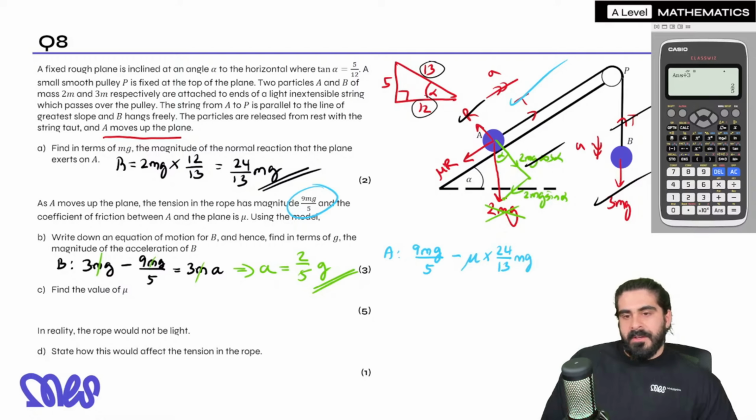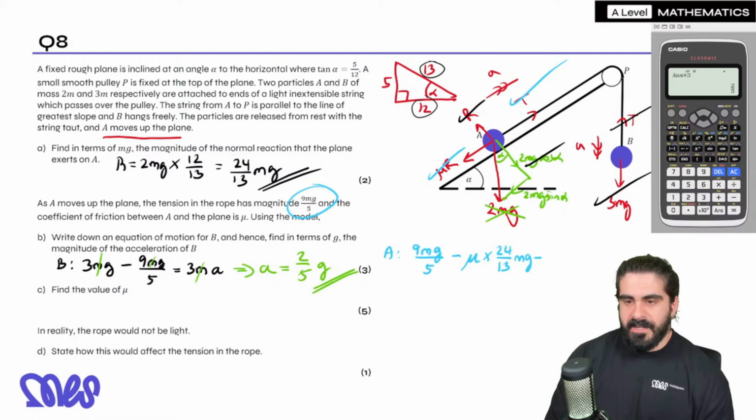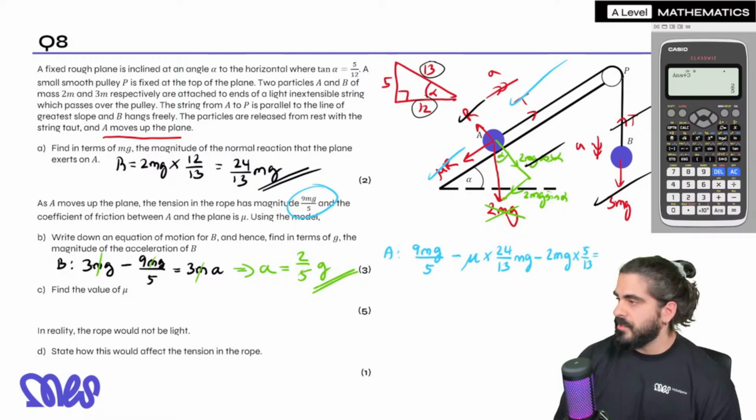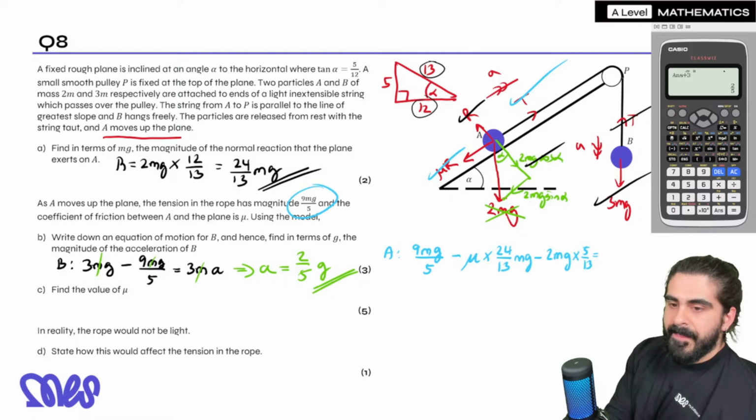We are also subtracting, done that, minus 2mg sine alpha. Sine alpha is 5 over 13, equals the mass of A, which is 2m, times the acceleration, which is 2/5 g.